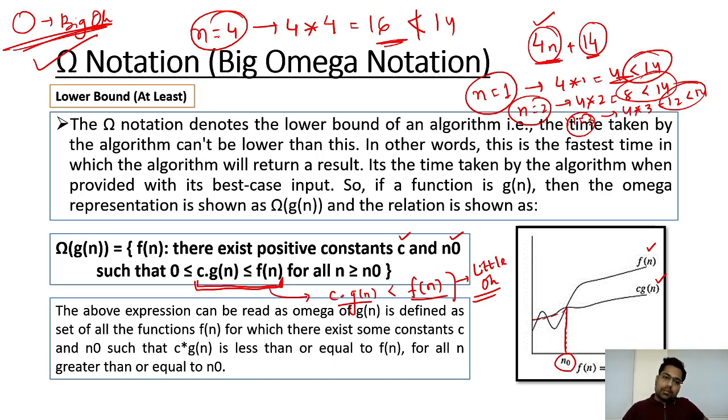This is what n naught is. Up from this n naught, whatever value you get, you will have the proper condition. Omega, like we are discussing for big O, will be discussed in the next slide. But at least for those who have already seen how to find a time complexity, it is quite easy.